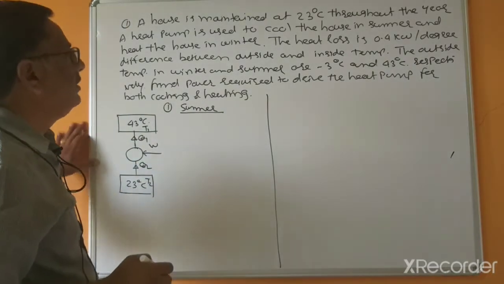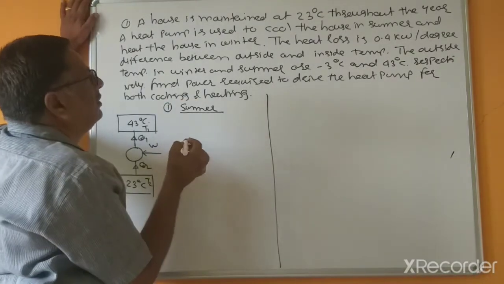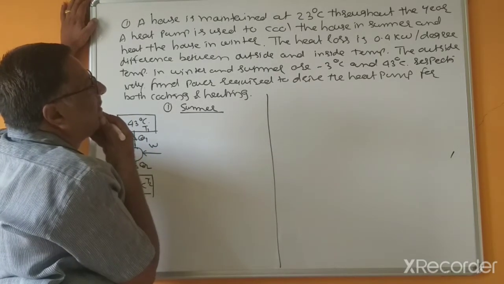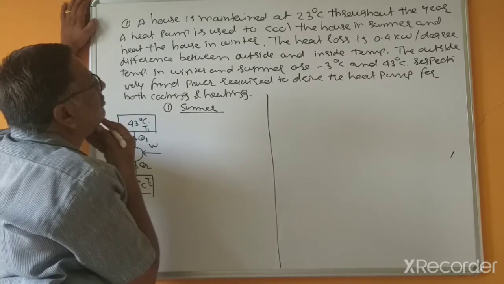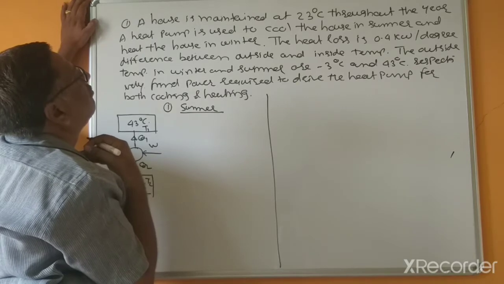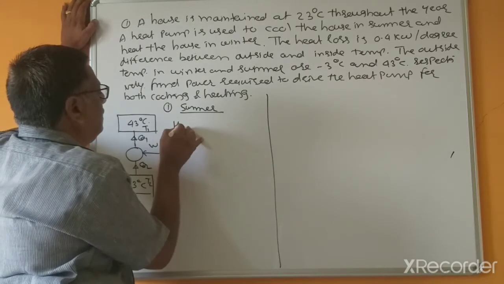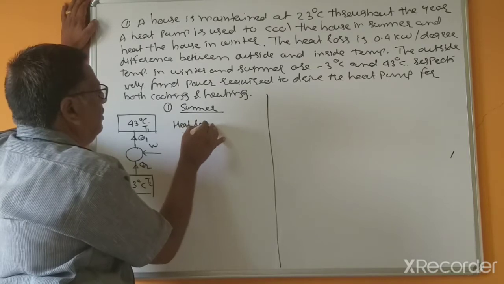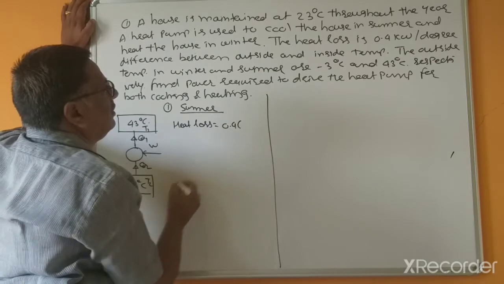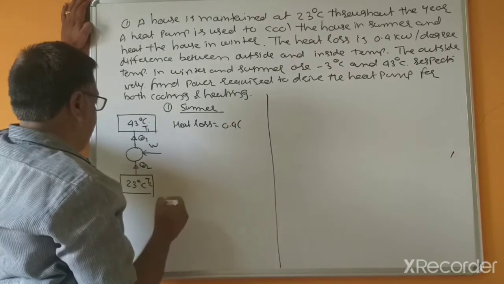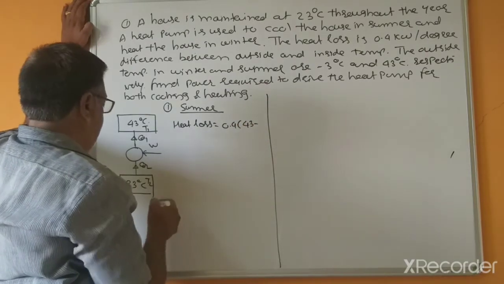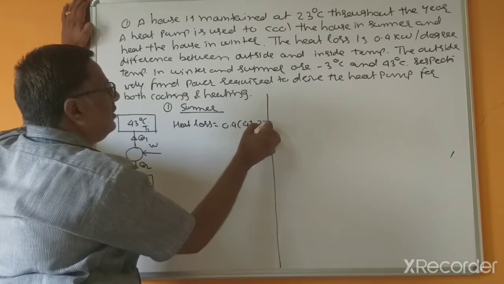So what is given? The heat loss is 0.4 kilowatt per temperature difference between 43 degrees centigrade and 23 degrees centigrade.